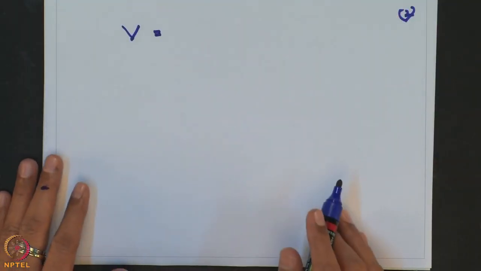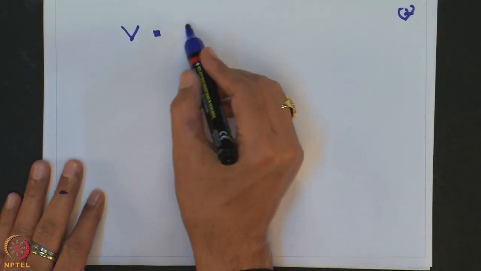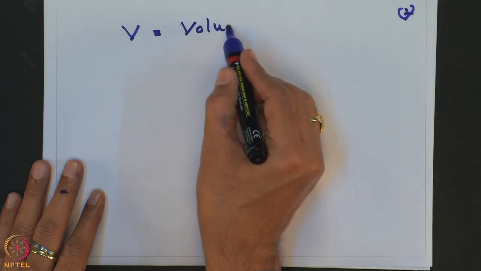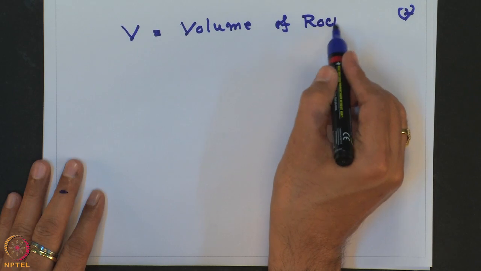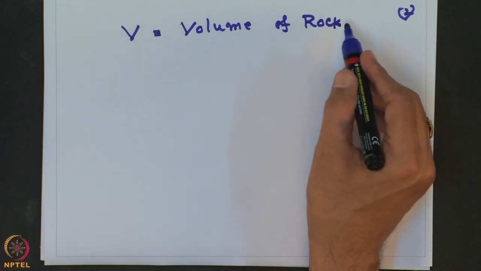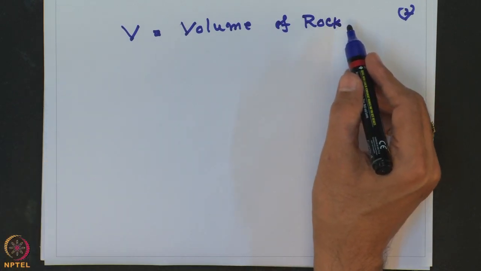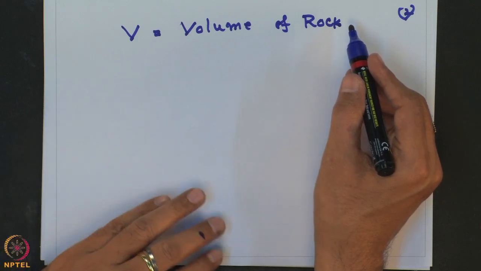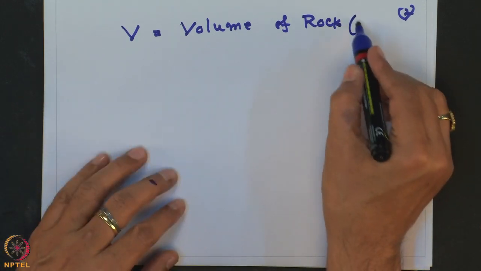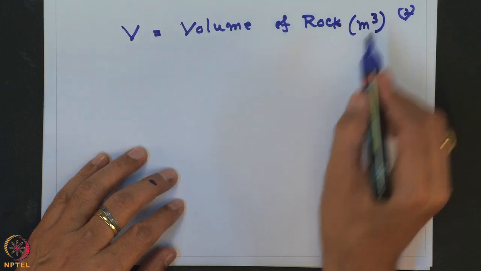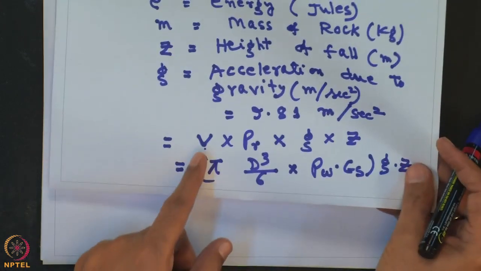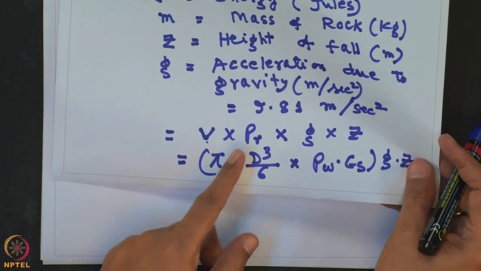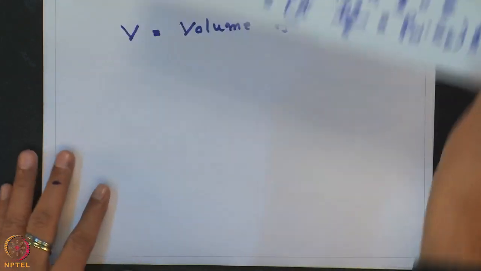So, V is equal to the volume of rock. This volume of the rock can be expressed as meter cube. So, this is the V, volume of the rock, and this is the rho r, density of the rock.